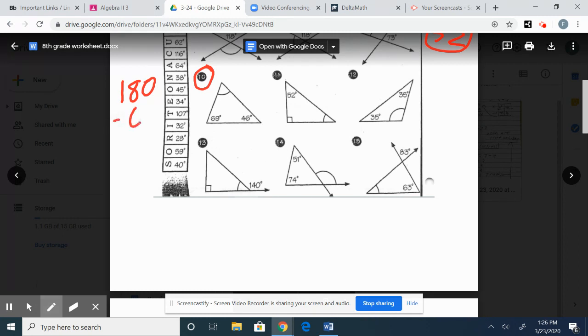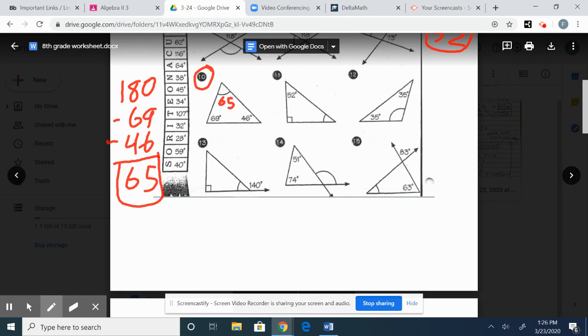We already have 2 angles, which are 69 and 46. To find the third angle, we're going to subtract 69 and 46 from 180, and that should be 65.